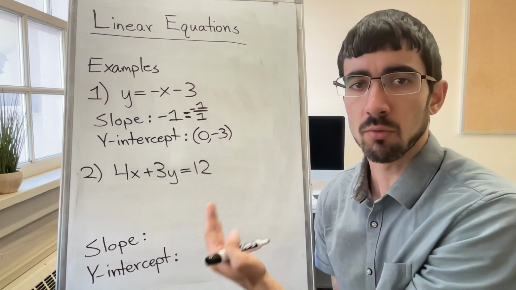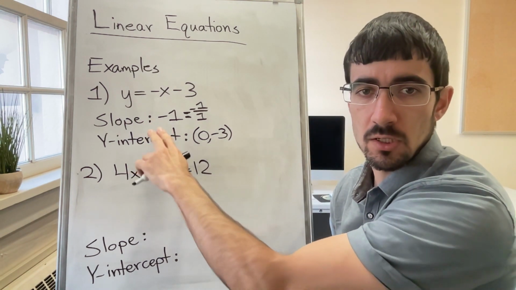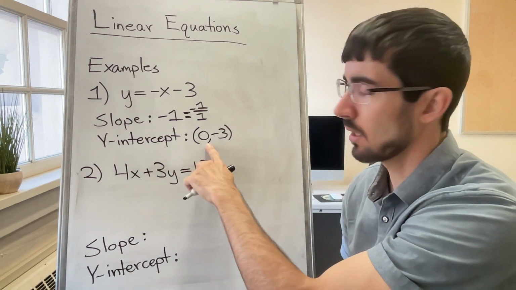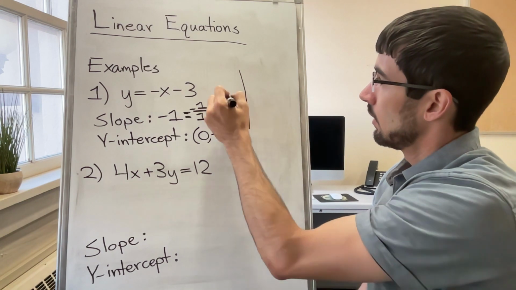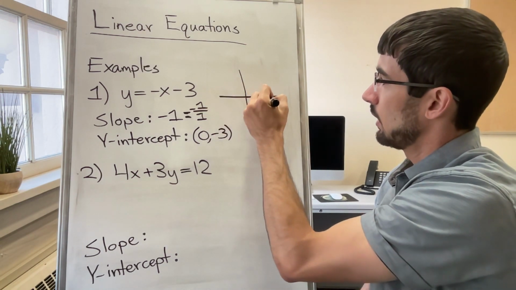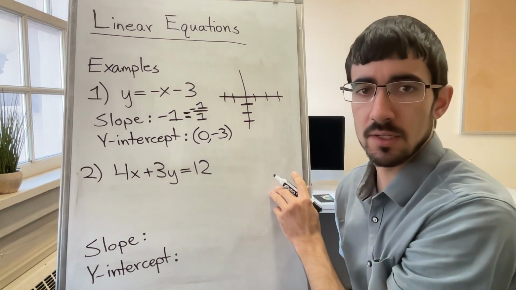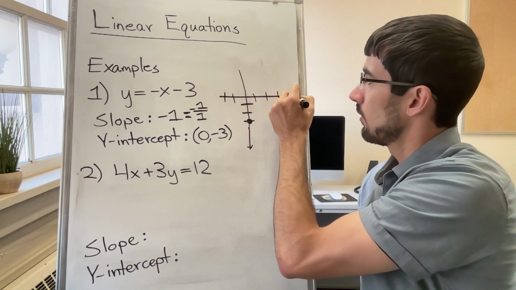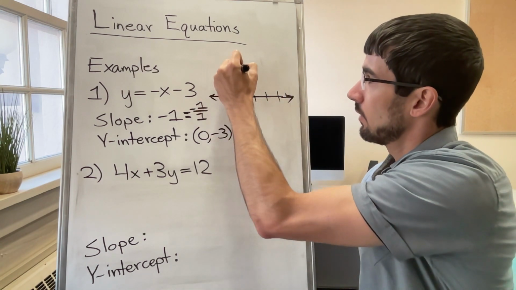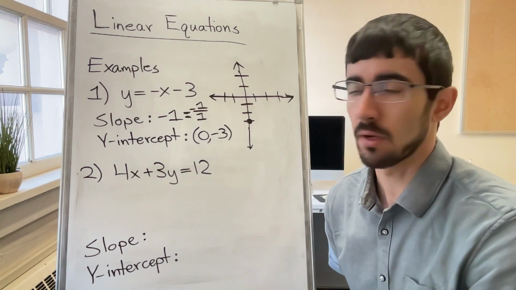So if I want to graph this equation, I can graph it straight from this information using the slope and the y-intercept. Here is a point on the line, so I can start here. Let's draw an XY grid. I can begin at the point (0, negative 3), that's right here, and then I can follow the instructions of the slope to graph another point or two on this graph.